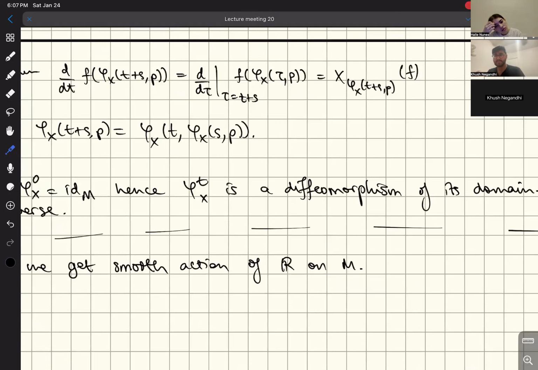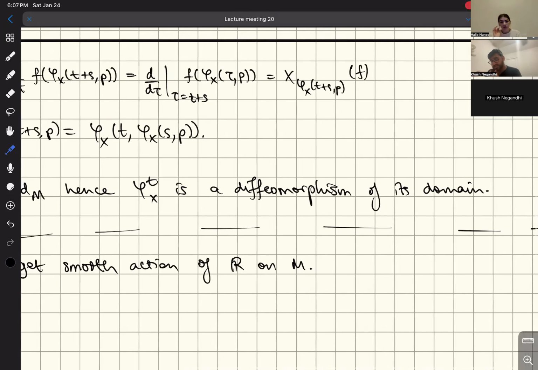So we have to check a couple of things: that it's smooth, that it's bijective, and that its inverse is smooth. We know this thing is smooth by definition, because it has to be smooth from Picard-Lindelof. And instead of showing directly that it's a diffeomorphism, we can just check that it has an inverse.